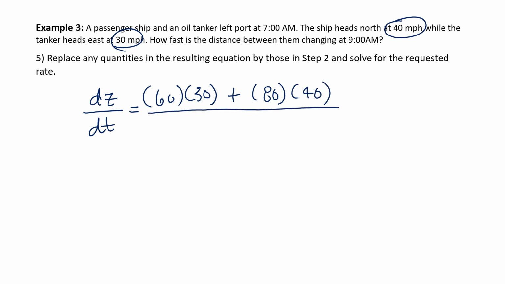The z, the distance we solved for, was 100. So compute that, and we find dz/dt, the rate at which the ship and the tanker are traveling away from each other, is 50 miles per hour.